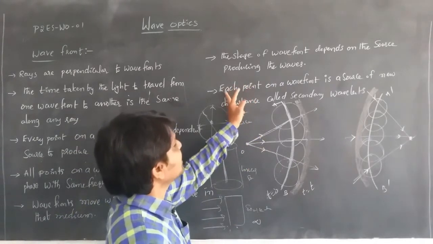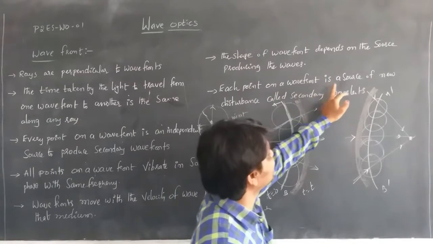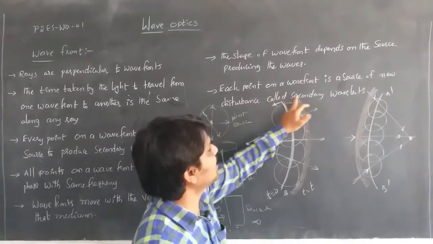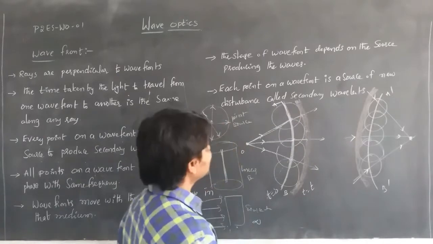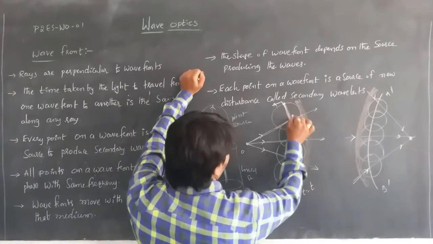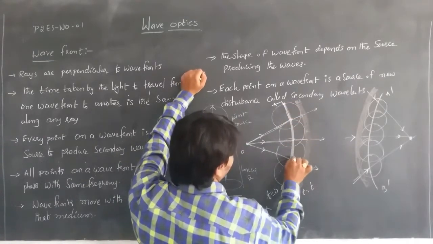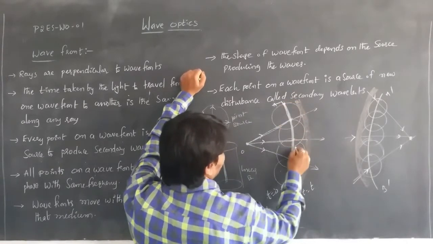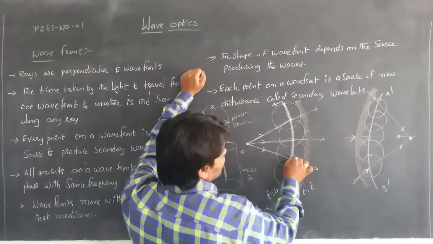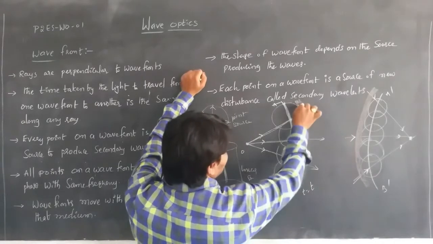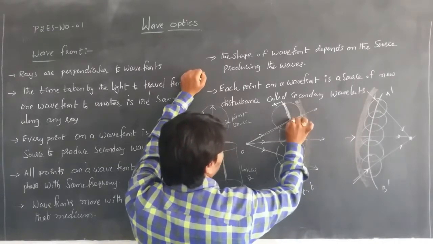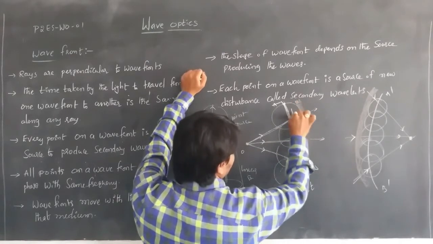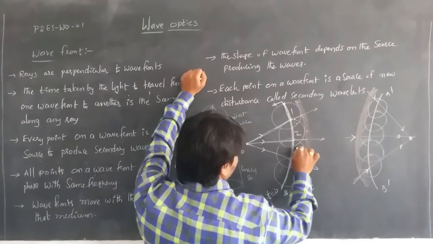The next one, each point on a wavefront is a source of new disturbance called secondary wavelets. Each point on the wavefront is vibrating and is a source of new disturbance. This is 1, 2, 3, 4.